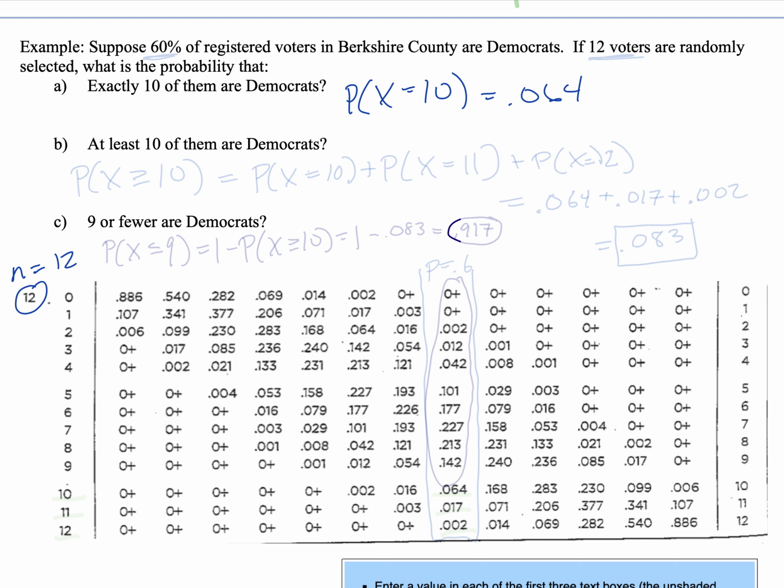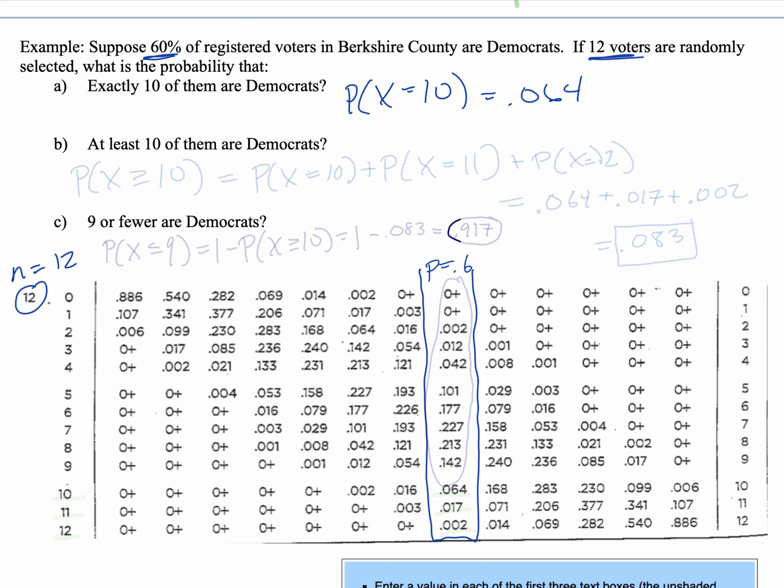And we are still looking at the same probability, p equals 0.6. You can't see that in this blown-up version, but this is that column. So we're still interested in that section of the table because we still have the same p value and the same value for n.